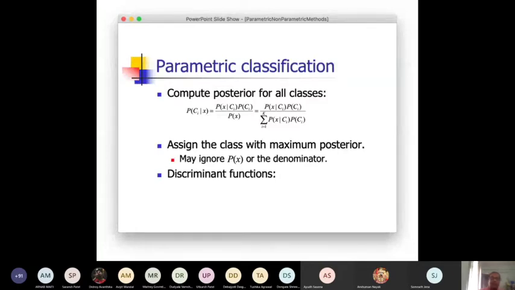Now, one of the interesting things is that this particular computation can be modeled into another framework of classification, where we use discriminant functions.